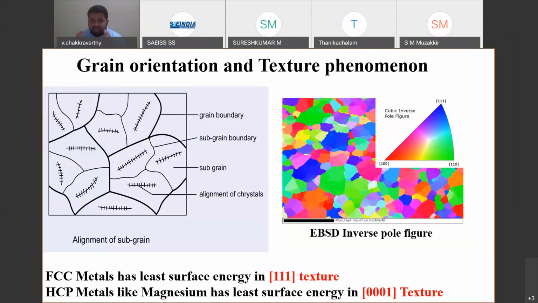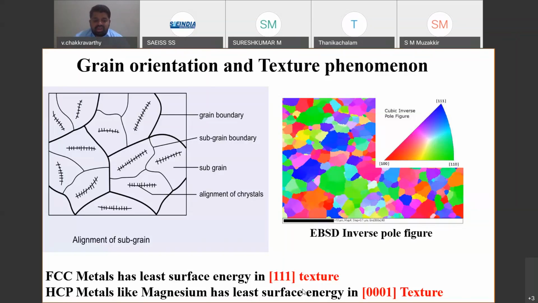It is a well proven fact that for FCC material, the triple one direction has the least surface energy as compared to the 100 and 110 directions. So obviously, the triple one direction will be the highly corrosion resistant direction. If a material has a lot of blue color, it means most of the grains are oriented in the triple one direction. That is more favorable.